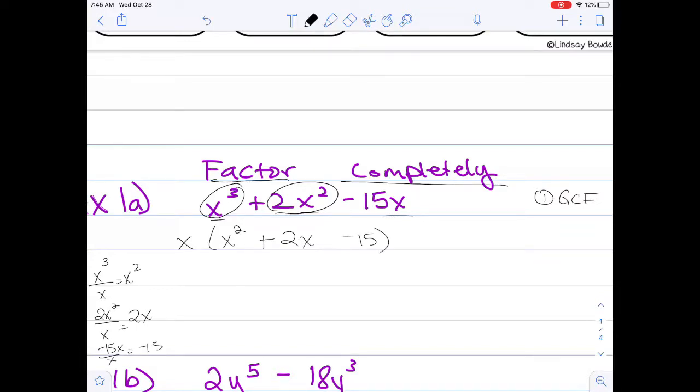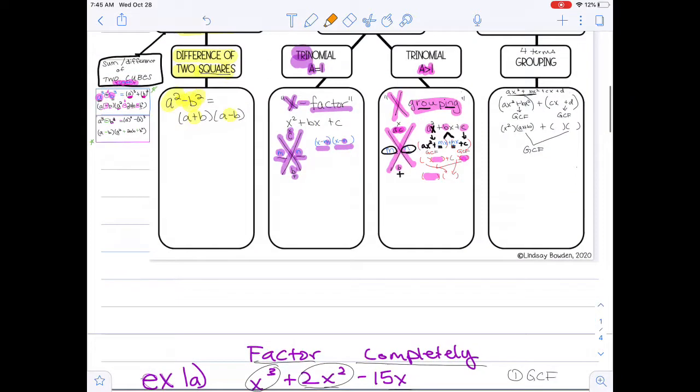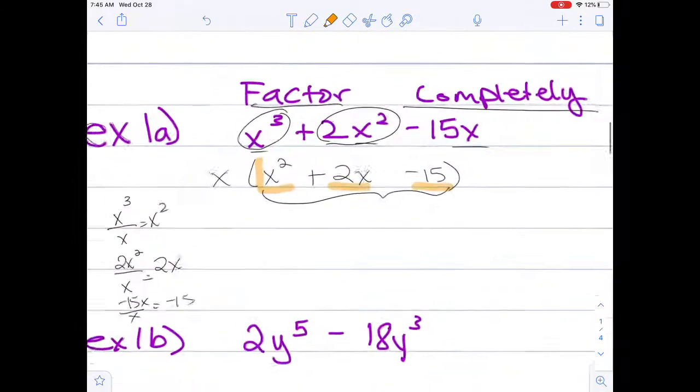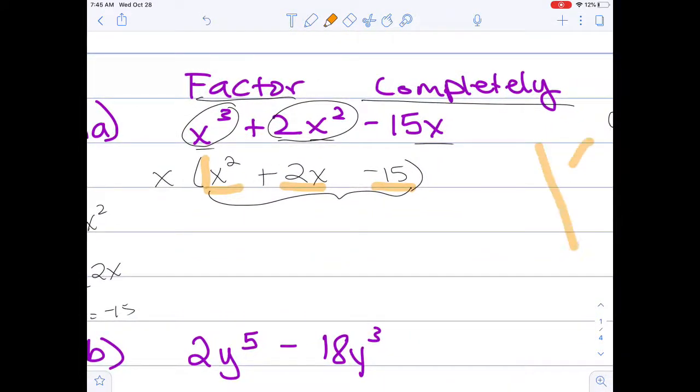And then we're going to see, well, can this be factored again? We can see that there's 1, 2, 3 terms, and in those 3 terms, there's this a value of 1. So we're going to use our x factor method here. Okay, so here's our x.